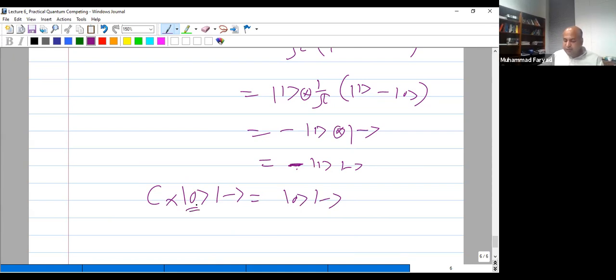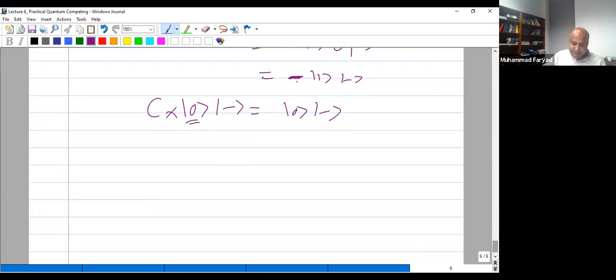So it means that if we have a circuit like this, that I initialize this to, let's say, 0, and apply an X gate, and I apply a Hadamard gate, and then I have some control here.